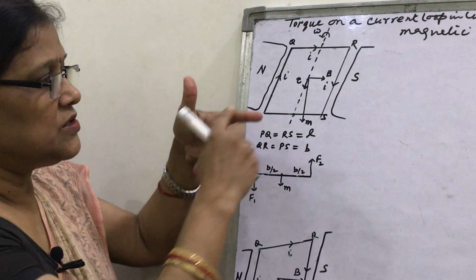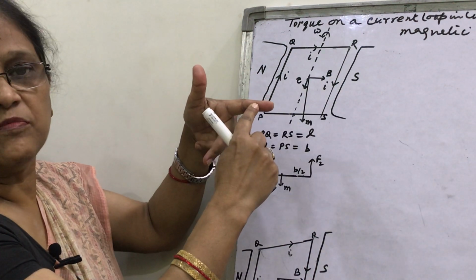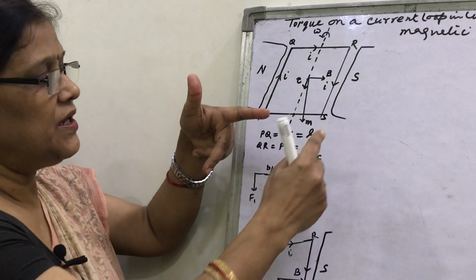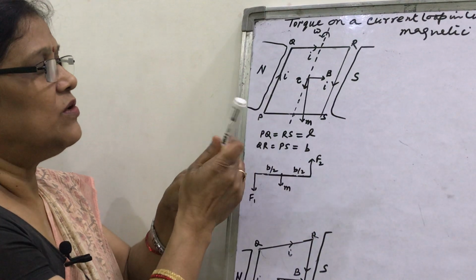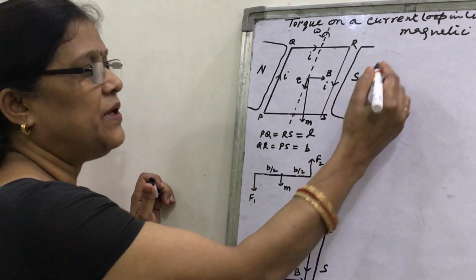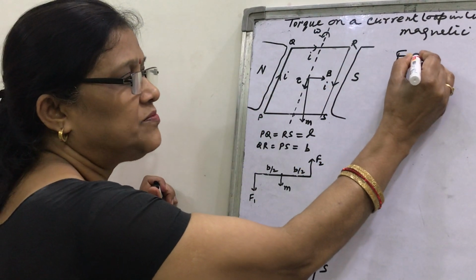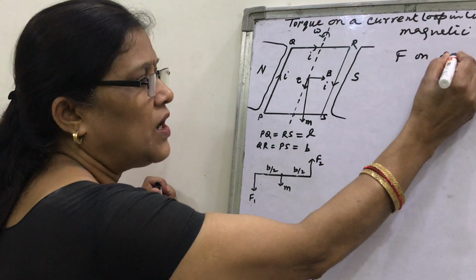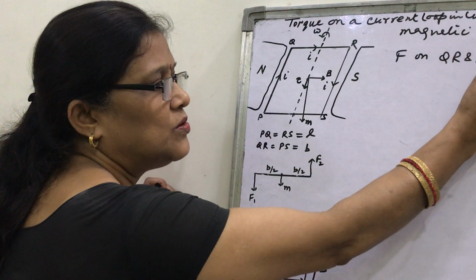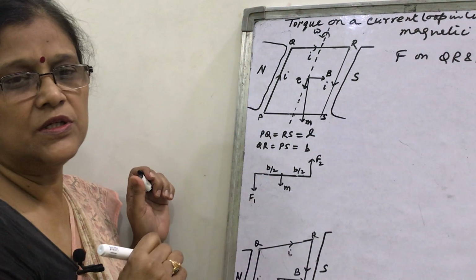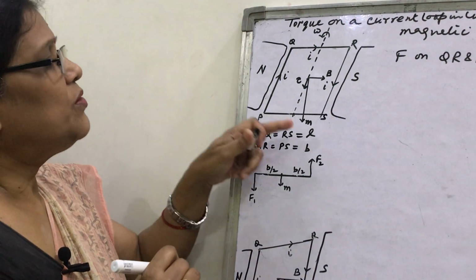The magnetic field is this, forefinger in the direction of B, and the current is also in this direction, so no force acts on the arms QR and PS. So F on QR and PS is 0. No force. What about PQ and RS?